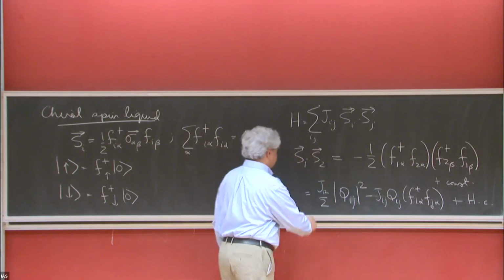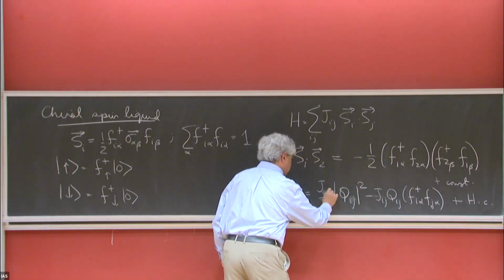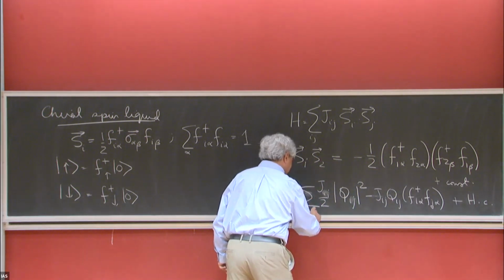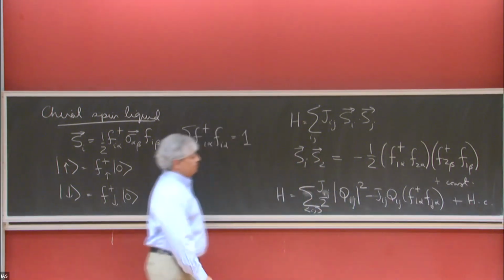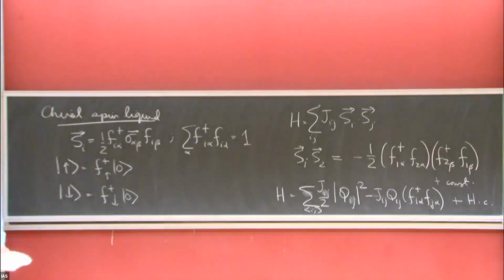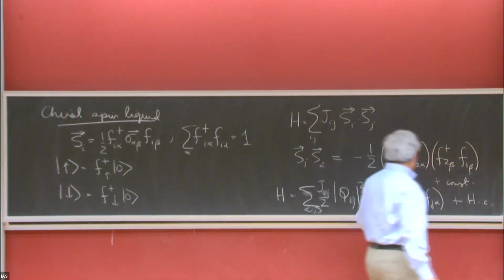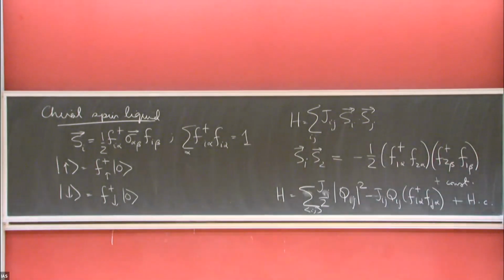So the Hamiltonian is a sum over ij of this. Again, this is the parallel of what we did for bosons, except there are some Qij that decouple.